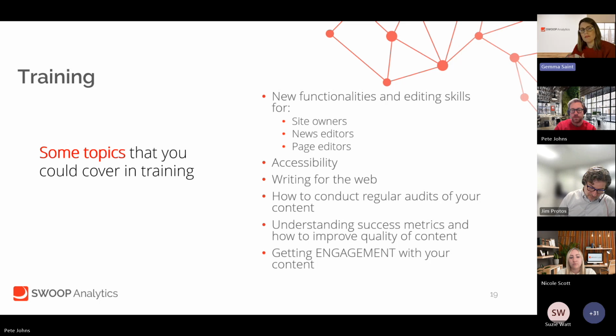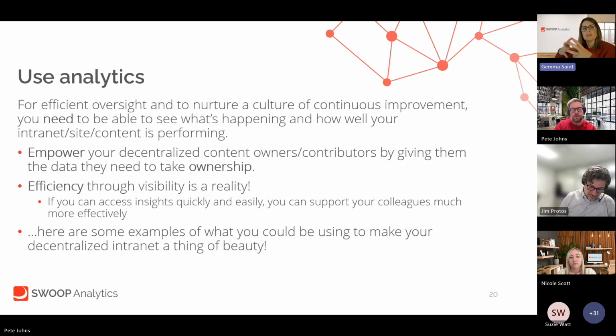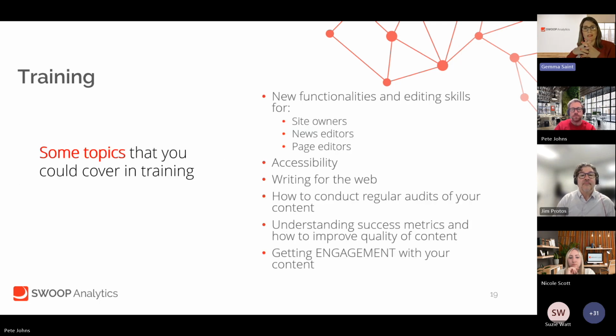So here are just some topics for you to think about when training. If you break them down into those different site owners, your different content owners, page owners, things like that. But definitely think about things like accessibility. I know we probably don't go into that a lot, but it is so important.